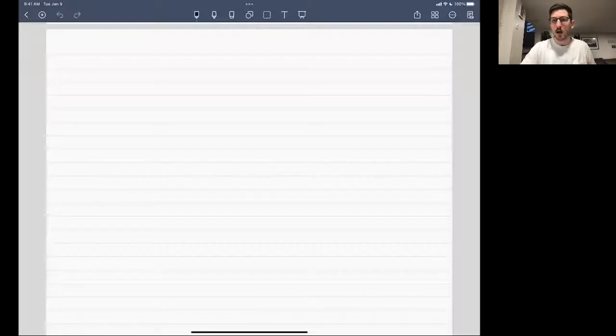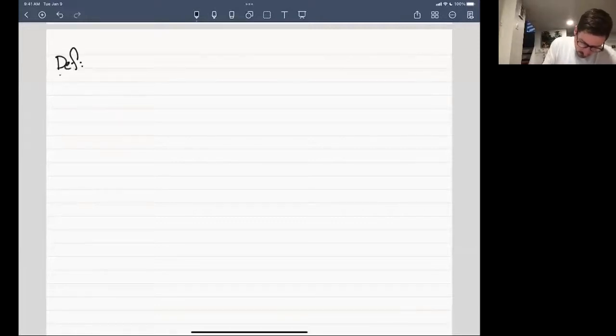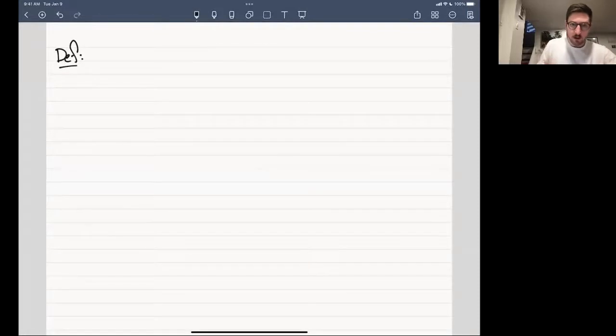Let me go ahead and start us off with a nice definition of increasing and local maxima and local minima of a function. All right. So as promised, start with a definition. So we are going to say, now this will be local maxima. So local maximum.